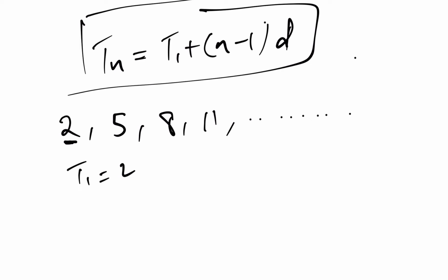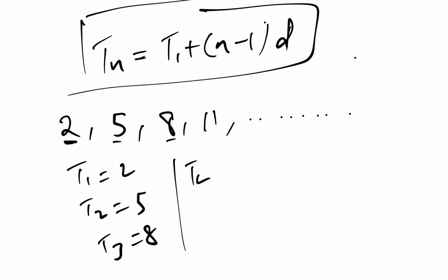So you can use any letter that you prefer, as long as you are consistent. So we say the first term is 2, the second term T2 is 5, the third term T3 is 8, the fourth term T4 is 11.